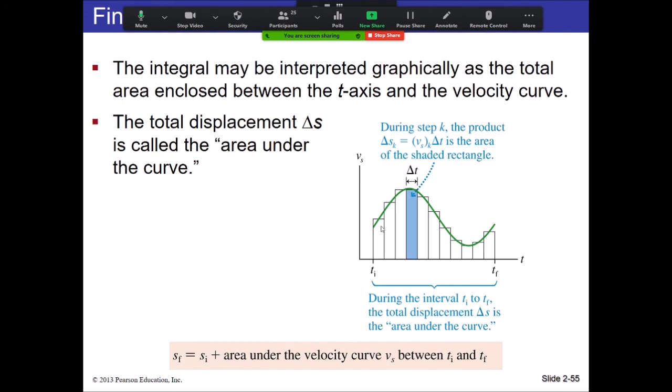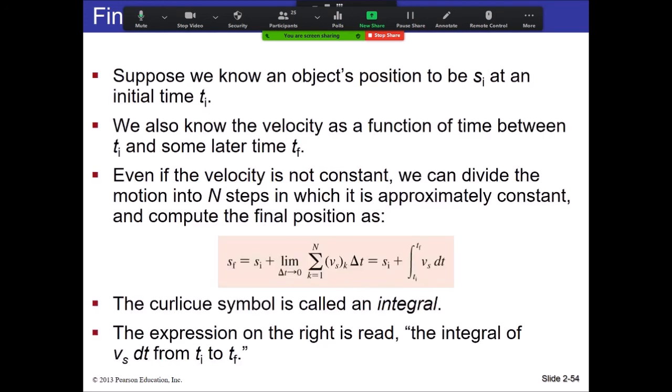Now you see the rectangles I drew here, though, they don't perfectly approximate what's going on with the velocity, but that's where the calculus comes in. You take the limit that delta t goes to 0, right? And then your areas become closer and closer to what they actually are. And in mathematics, this whole idea of doing that is what's known as the integral.